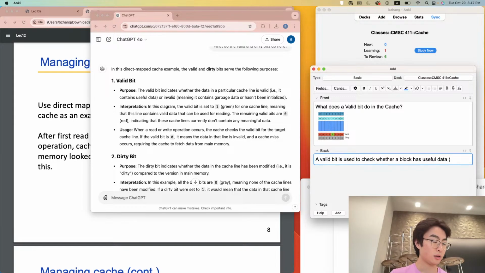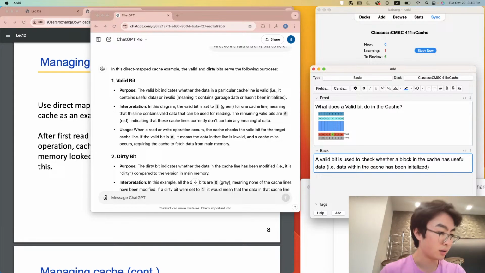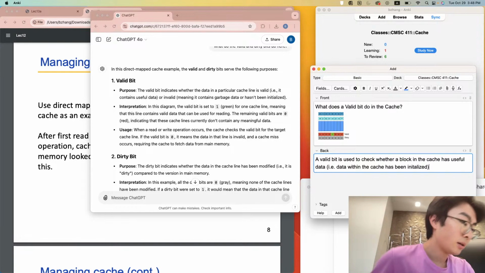Okay. A block in the cache has useful data, i.e. the data within the cache has been initialized. Okay, I think that's a good way to put it.